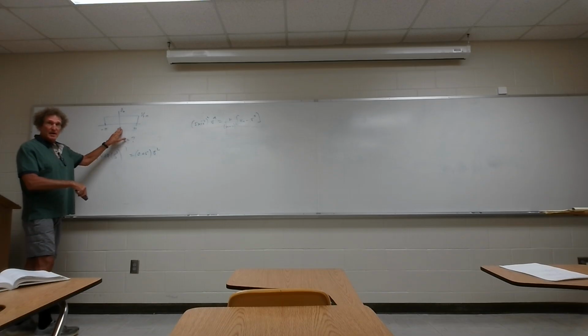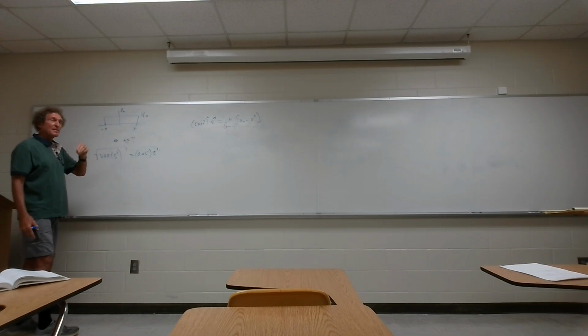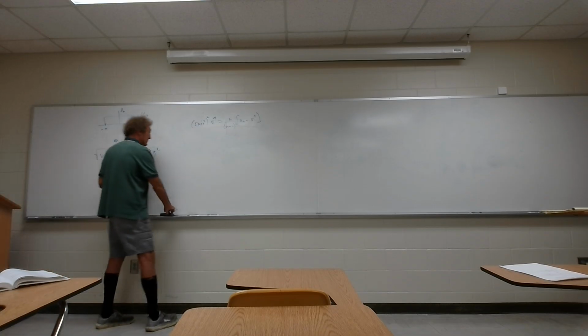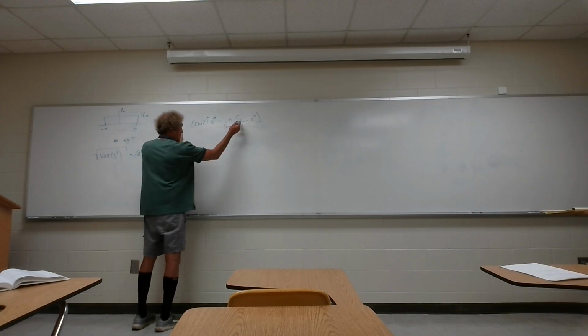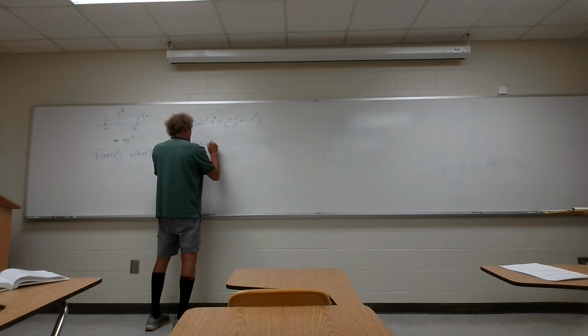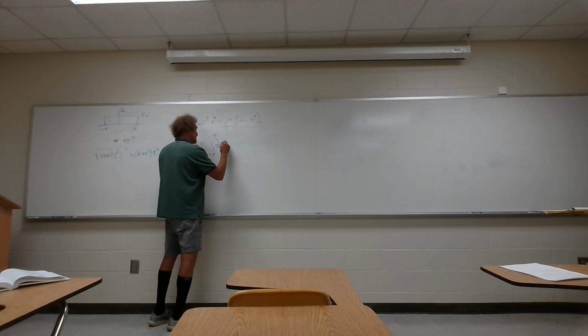Y'all follow me on that? If you have a mean of 0, the fourth central moment, since it's a mean, it's just the fourth moment. So if you take a look at this, the fourth moment of this one, or u to the fourth, would be equal to an integral, and it would technically be from minus pi to pi of the density function, which is going to be 1 over 2 pi, times the value of this, and I'm going to use the symbol x because it's easier, x to the fourth, and it would be dx.